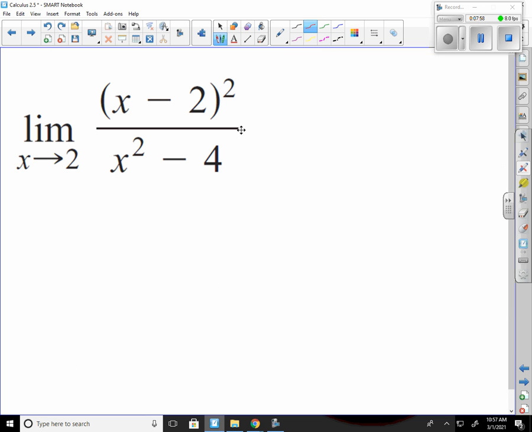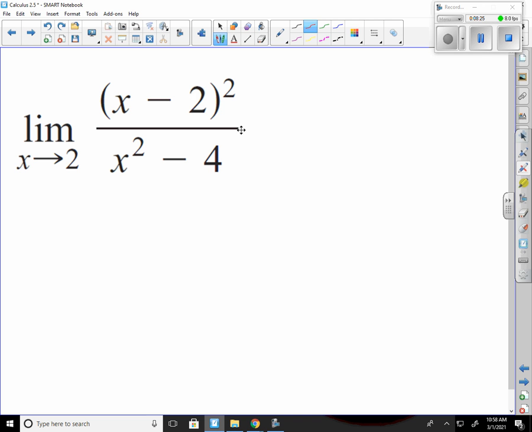Now we'll move on to a different type, or a different way to look at them at least. Whenever we look at these different types of functions, they can behave a lot of different ways as we get closer to their zeros in their denominators, like in this example here.